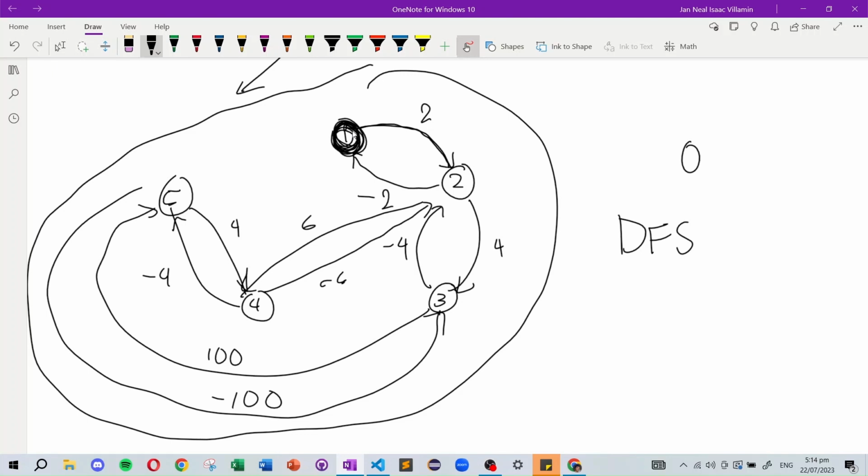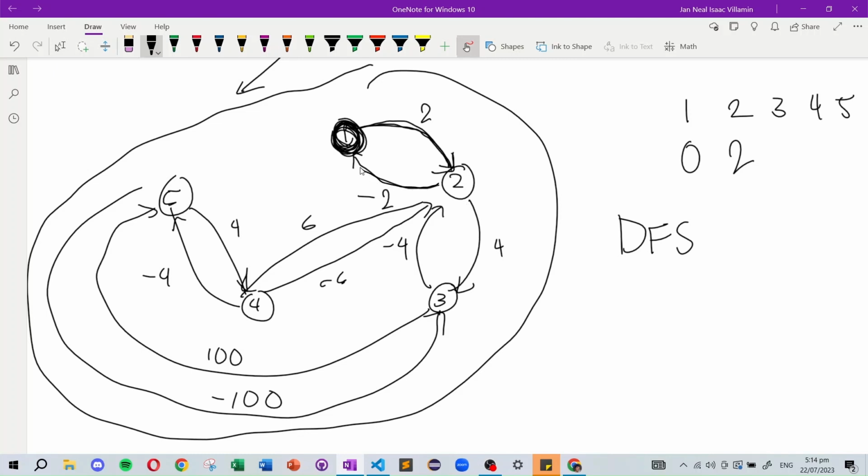So let's start from 1, we move towards 2. So it says that there must be 2 apart. So let's say 1, 2, 3, 4, 5 here. So 2 must be 2 apart from 1. So it must have a distance of 2. A negative distance will mean that it's towards the left. And then let's traverse.